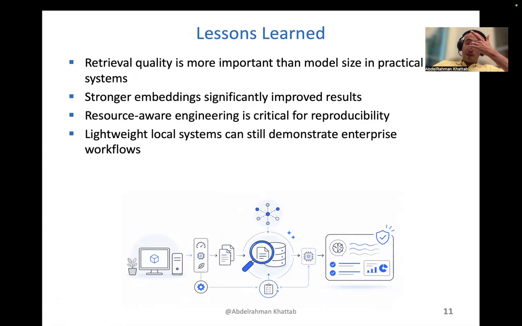So I was very cautious to choose the right dataset and the right number of records inside this dataset. I was also very cautious choosing the right models for both retrieval and generation. Having said that, even with local systems, we demonstrated that the RAG system helped to produce a higher quality than the baseline.